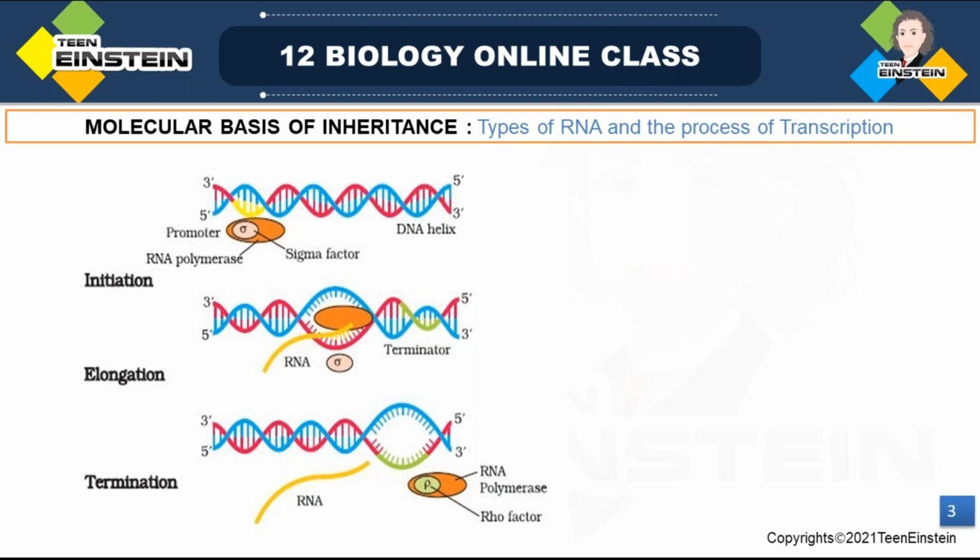So we learned about 3 types of RNA. rRNA, that is ribosomal RNA, is the most abundant and largest, right? Note down all this because these are important points for your NEET exam. Ribosomal RNA, then tRNA, then mRNA. mRNA is the messenger RNA, rRNA is the ribosomal RNA, and tRNA is the transfer RNA.